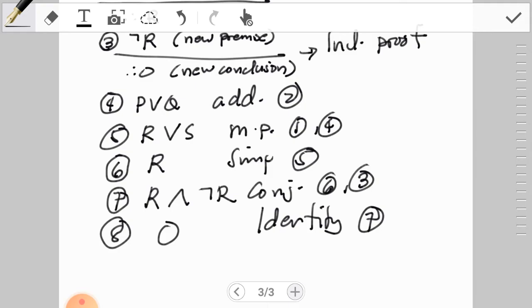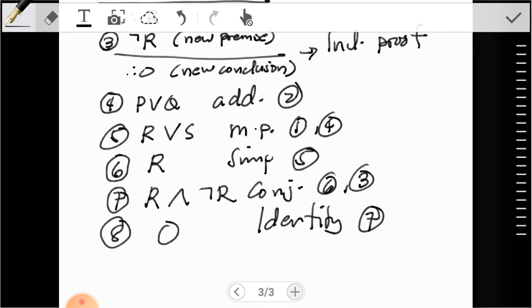Let's also do the third example that we had in the homework.